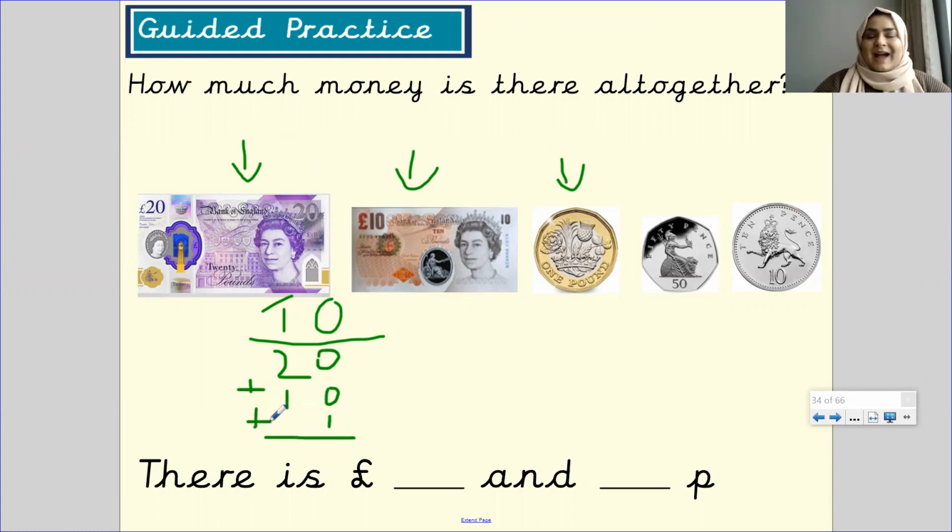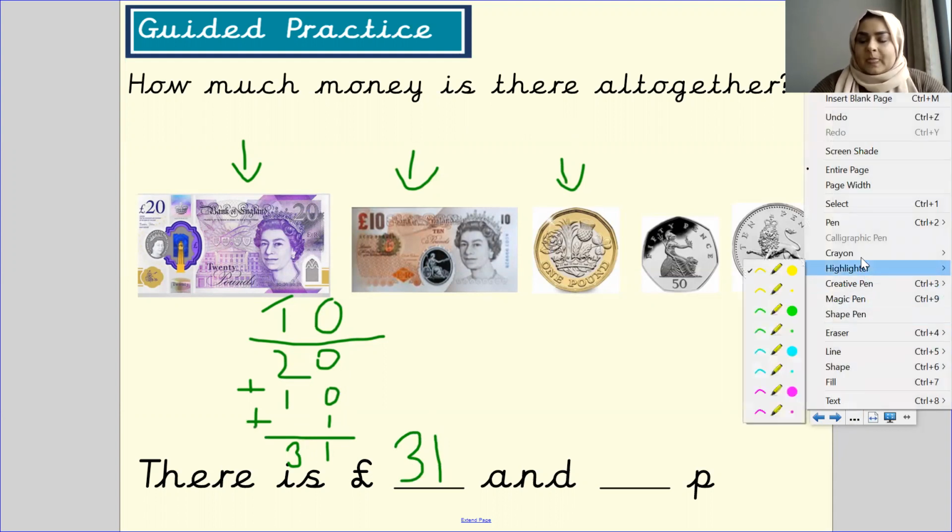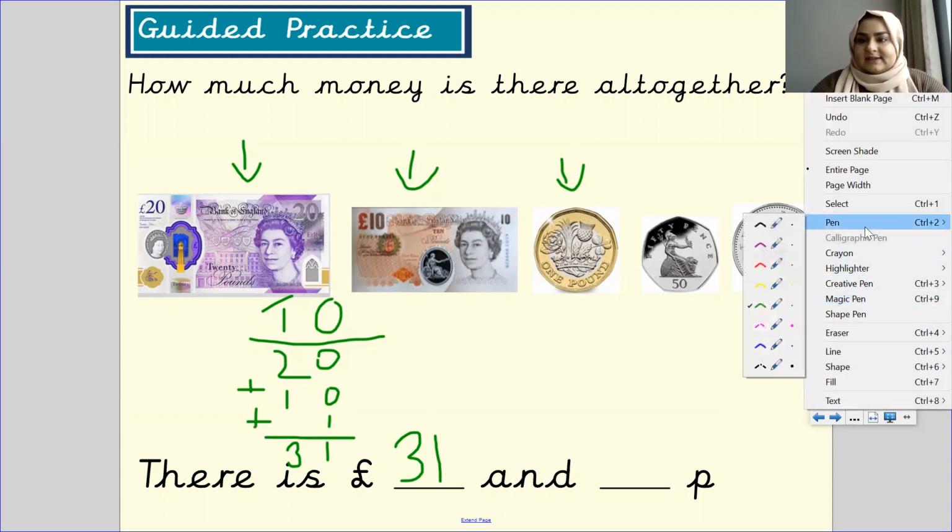So let's start by adding my ones first. So 0 add 0 is nothing, add 1 is 1. Then 2 add 1 is 3. So 20 pounds add 10 pounds add 1 pound gives me 31 pounds. Now I am going to count my pennies.